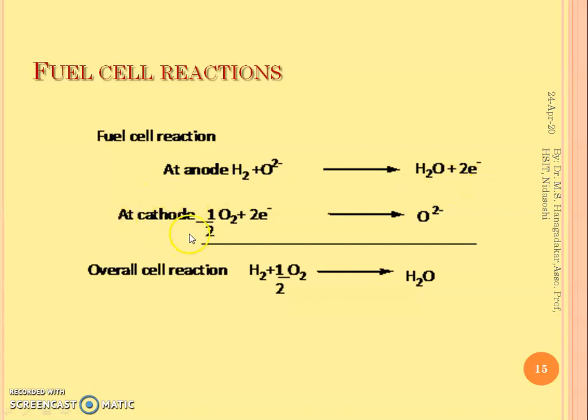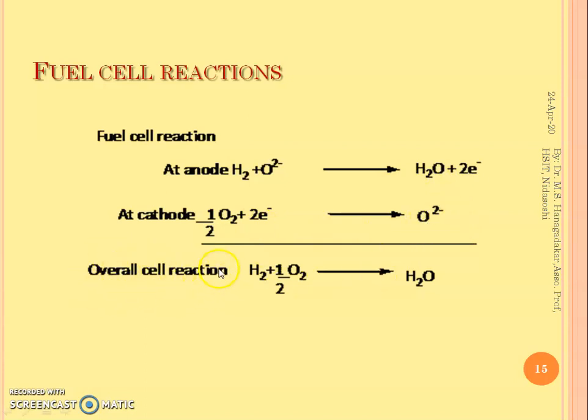At the cathode side, half a mole of oxygen is supplied, undergoing reduction by taking 2 electrons provided by the anodic process, leading to the formation of the oxide ion.